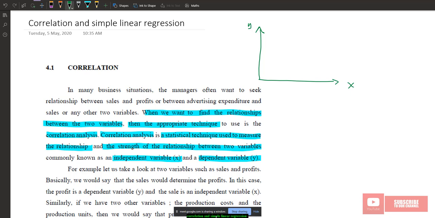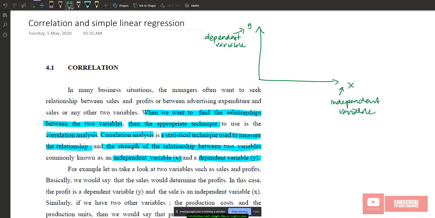When we draw a graph to indicate the relationship between two variables, the independent variable is normally on the x-axis and the dependent variable should be on the y-axis.